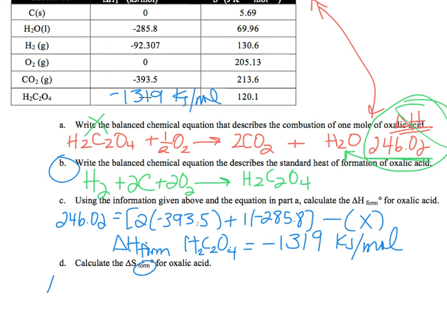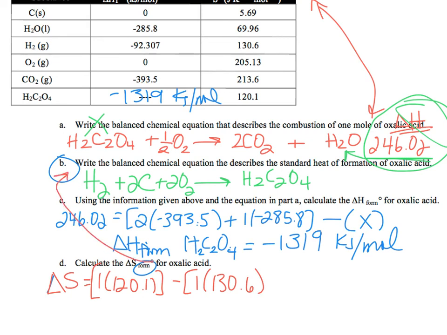Delta S then is equal to 1 times, and I'm getting all those delta S values from the table, minus 1 times 130.6 plus 2 times 5.69 plus 2 times 205.13.